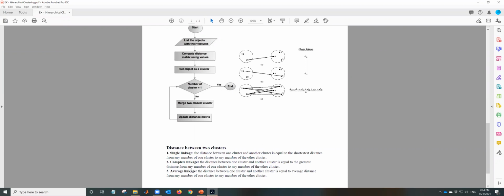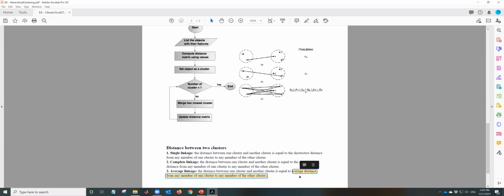Average linkage is the average distance between the clusters. You calculate all the distances, D13, 14, 15, 23, 24, 25, and then divide by how many links you have. We have 6 lines. So this is the average.